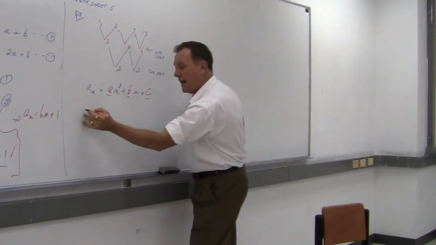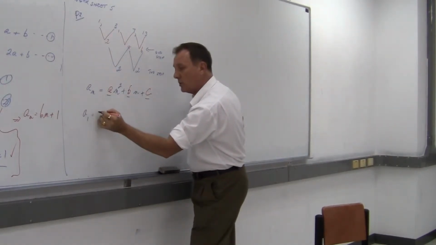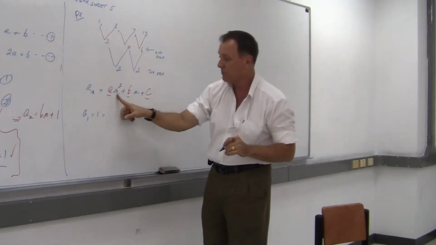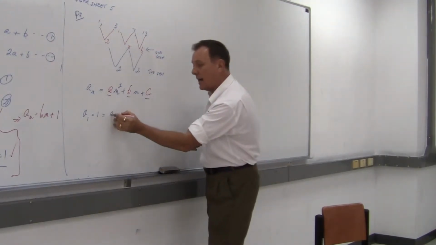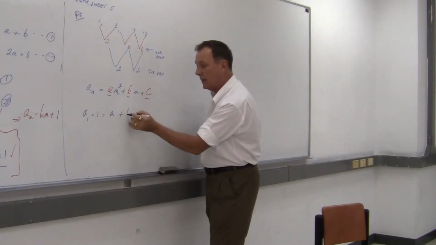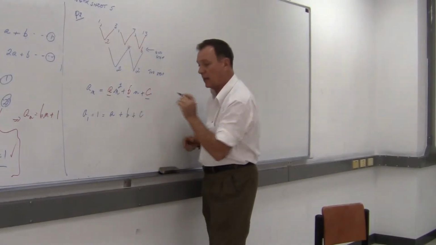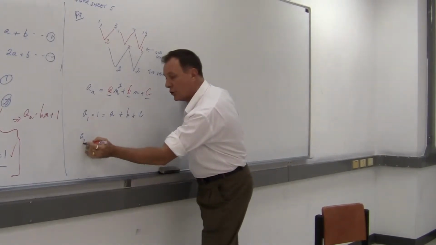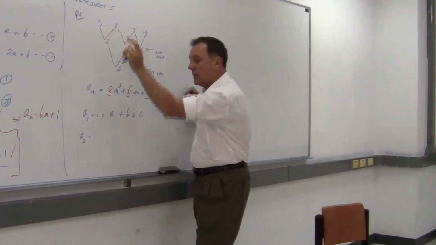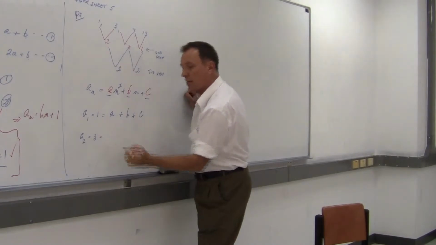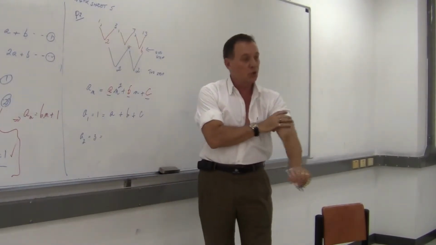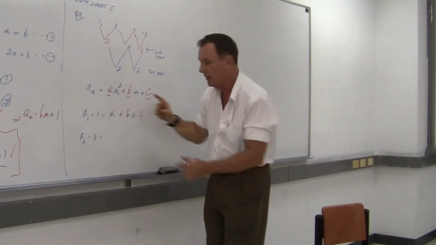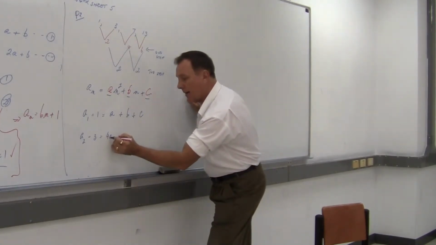The first one, A1 equals 1. The first term's 1. I put in n equals 1 here, I get A; 1 here, B; C is independent, so it's just A plus B plus C. The second term, A2, is 3. But it's the second term, n is 2. When I put n equals 2 in there, I'll get 4A.